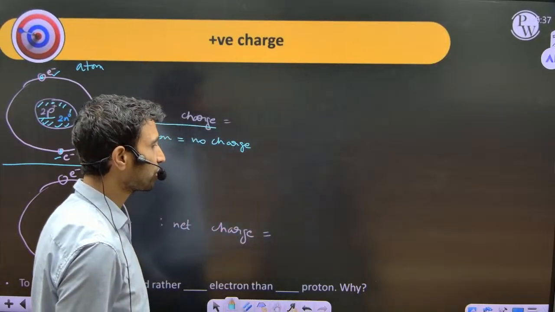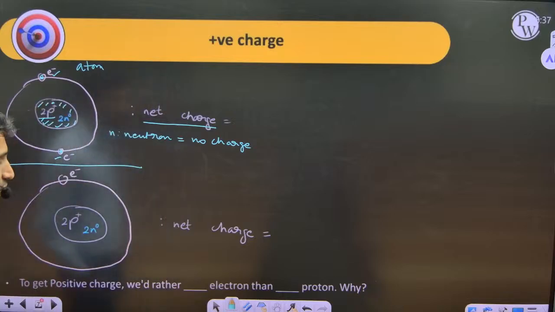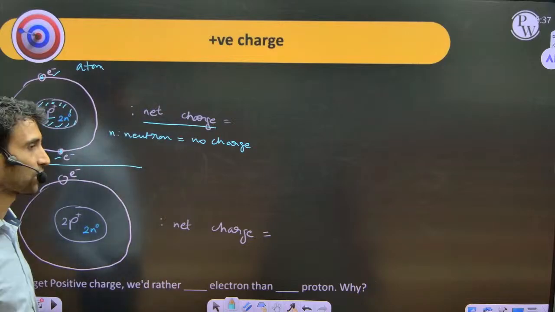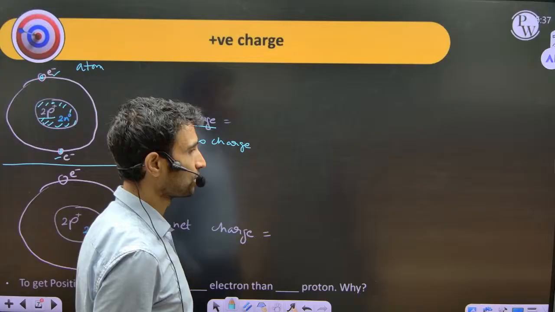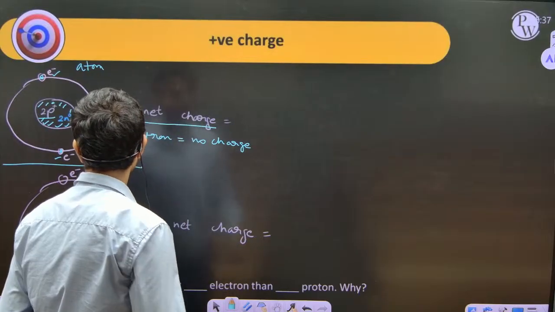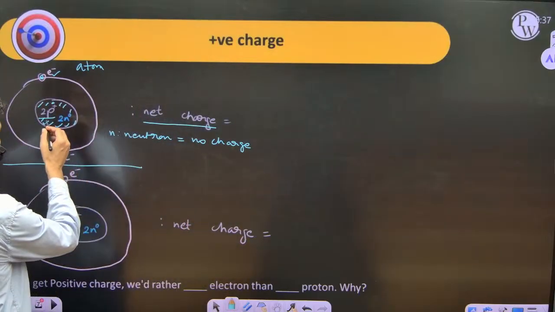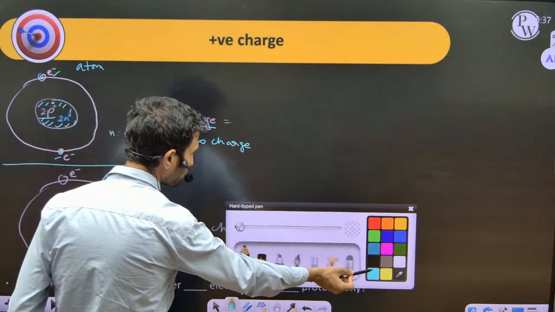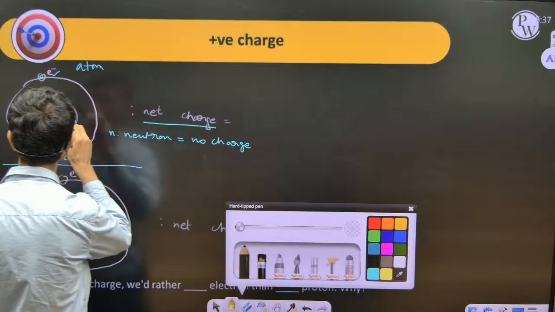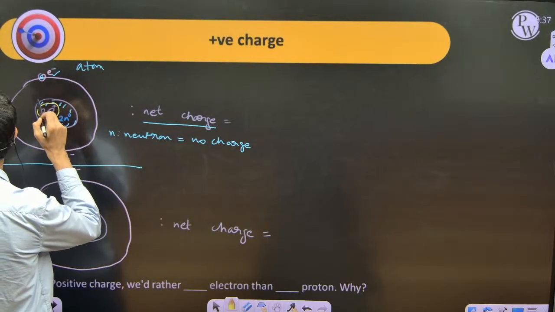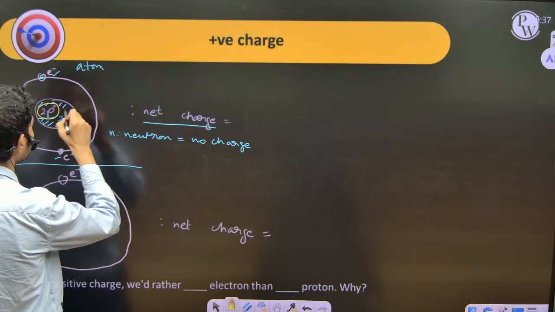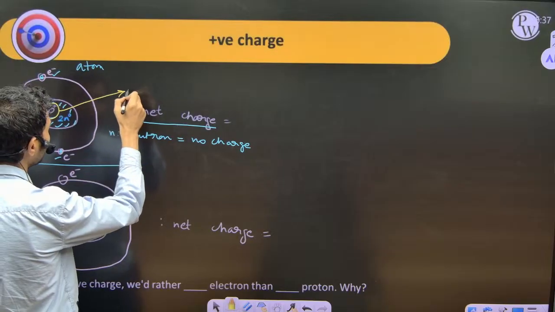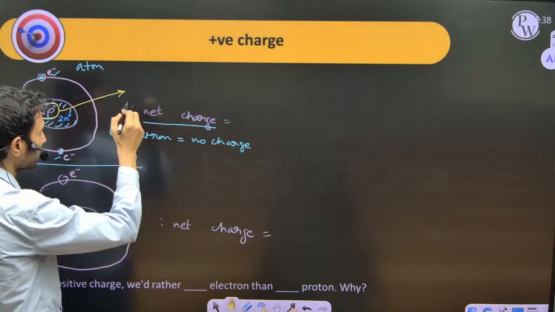Because they don't have any charge of their own. So what is the total charge of this object? We'll see that you have got two protons. So how much charge do two protons have, kids? These two fellows will contribute positive charge, right?